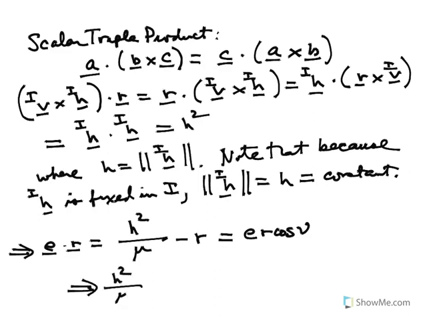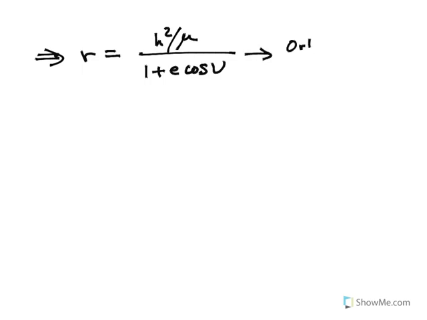I get H squared over mu is equal to, well, if I put this together, 1 plus E times the cosine of nu times R, which I can then solve for R, which gives R is equal to H squared over mu over 1 plus E times the cosine of nu. And this last result is what's called the orbit equation.